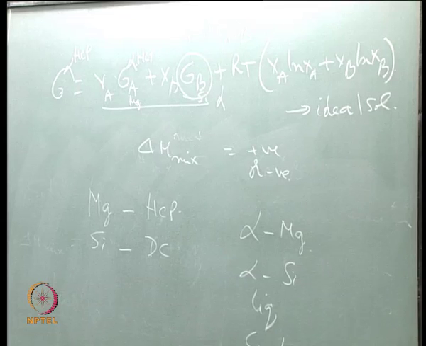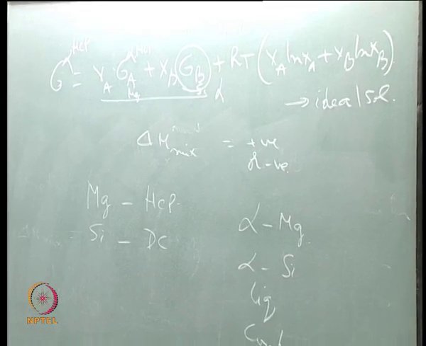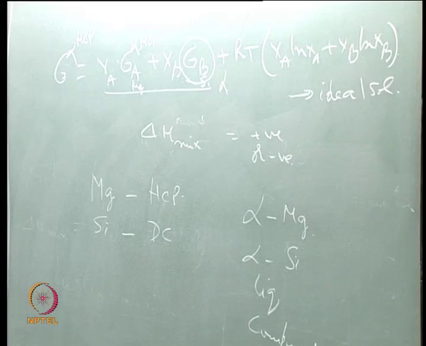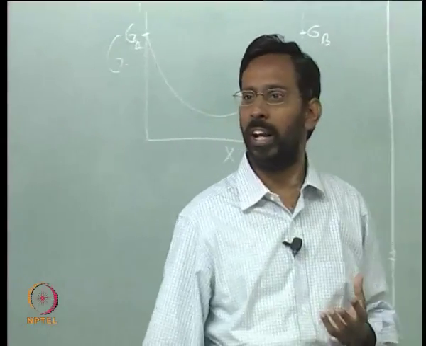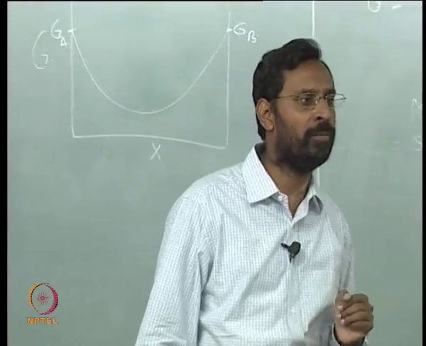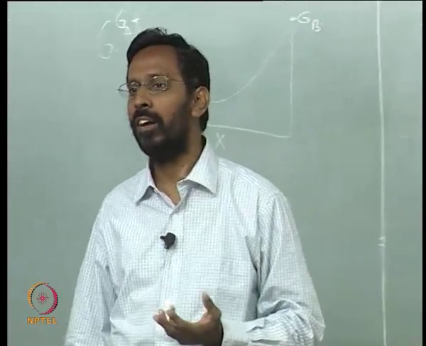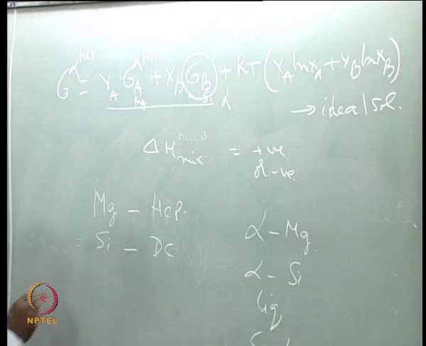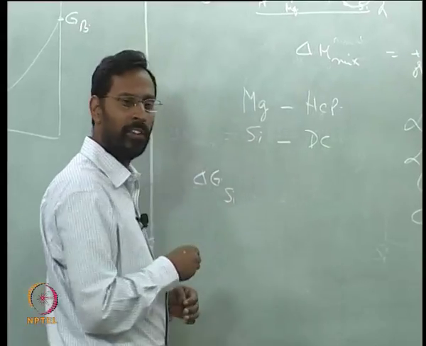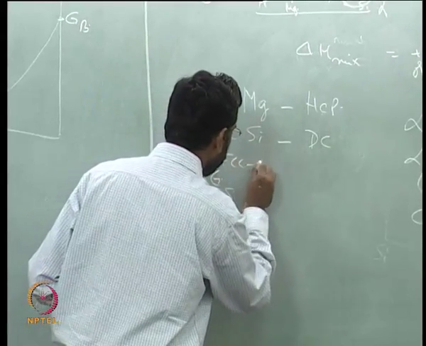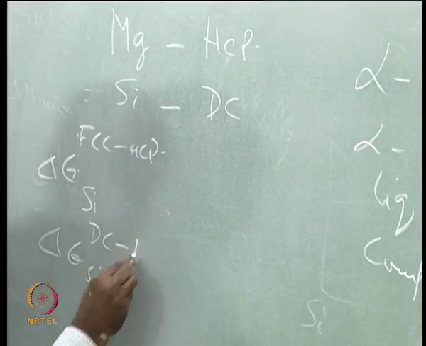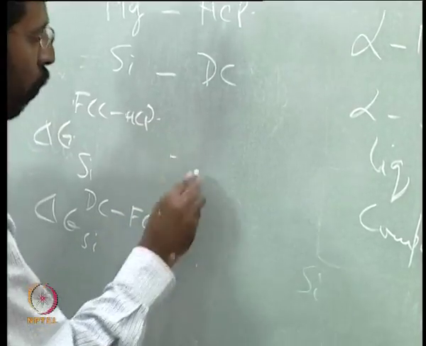That is where I told you, if you go to the CALPHAD book by Kaufman, the first chapter is dedicated to this, on what is called lattice stability. People tried to calculate what would be the free energy of silicon if at all it exists as HCP, what would be the free energy of silicon if at all it exists as FCC, and that delta G. There he gives delta G for different metals, FCC to HCP, similarly delta G of silicon from diamond cubic to FCC, and so on and so forth.